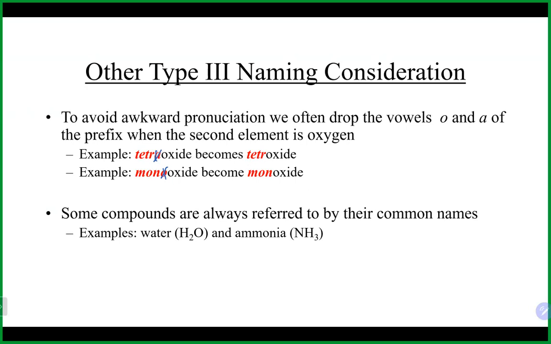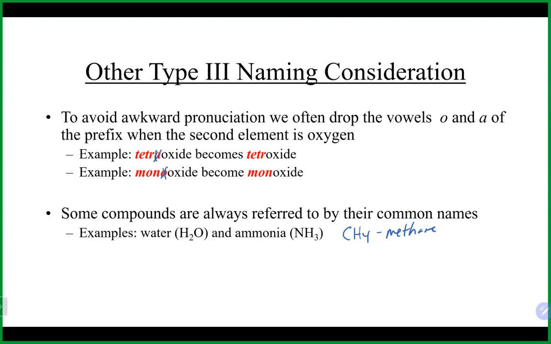H2O is water, ammonia is NH3, and methane is CH4. So you should not call water dihydrogen monoxide, you should just call it water, and you should not call ammonia nitrogen trihydride. It should just be called ammonia.